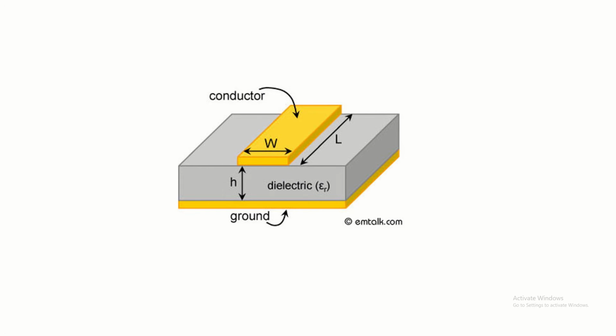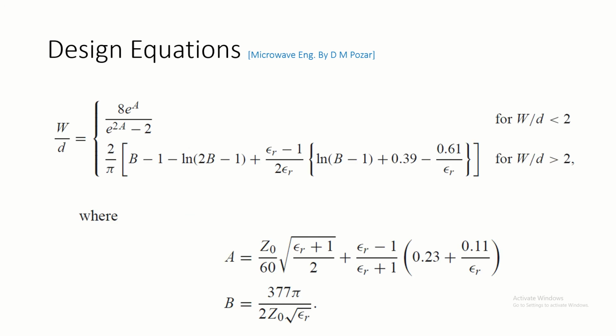How to calculate the width of this transmission line, that we are going to see. Okay, so these are the design equations. I have taken this design equation from the book Microwave Engineering by D.M. Pozar.